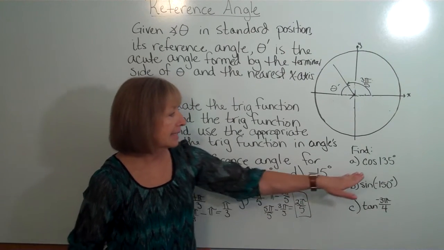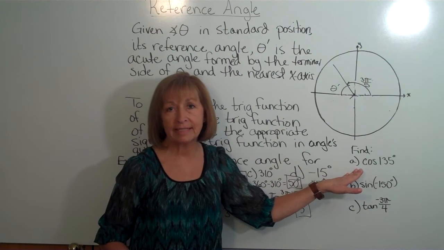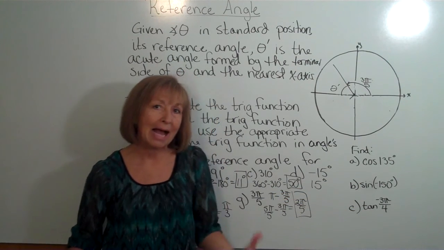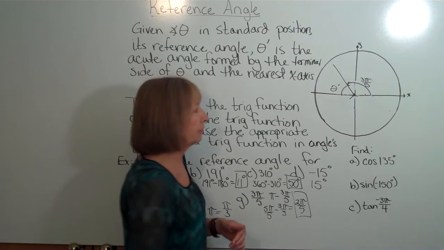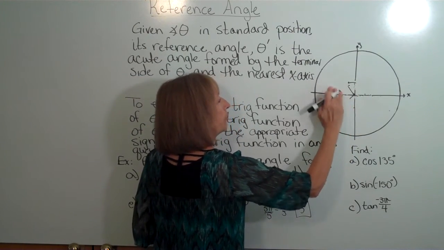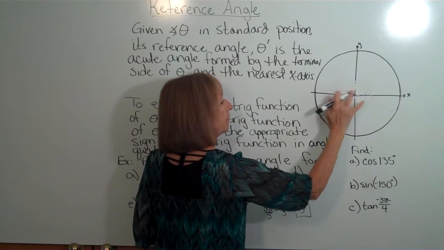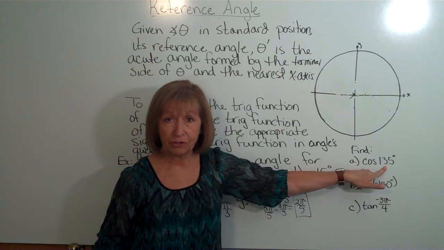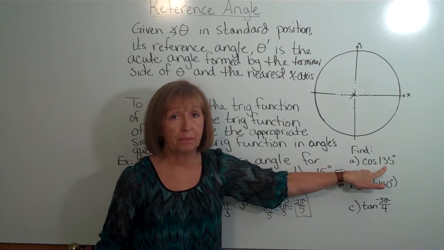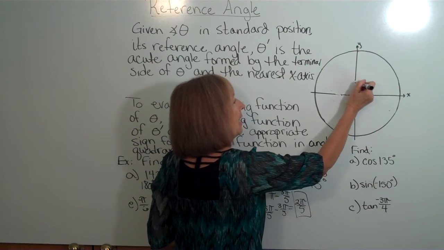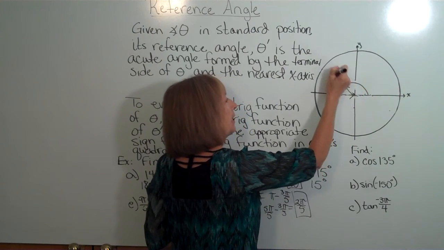The next thing is, let's use the idea of reference angles to find trig functions of angles that are outside of the first quadrant. So what we're going to do is first think of the angle. So 135 degrees is more than 90 degrees, but not quite to 180. So that is a second quadrant angle.